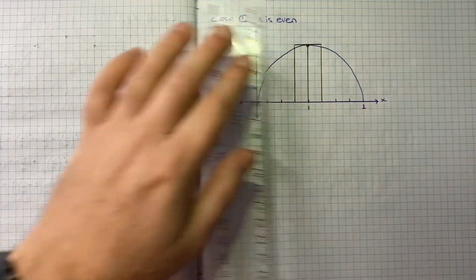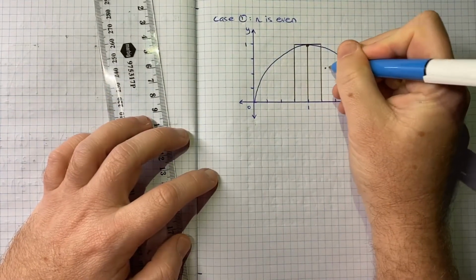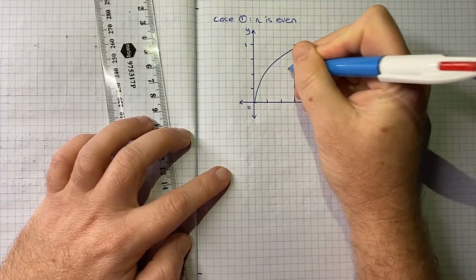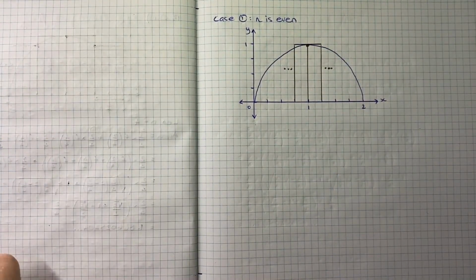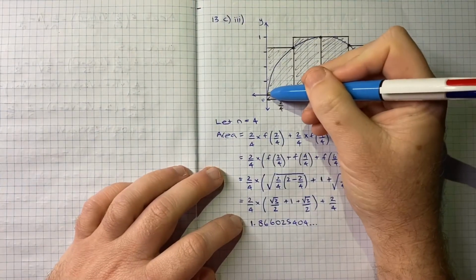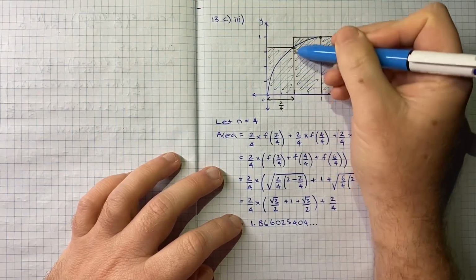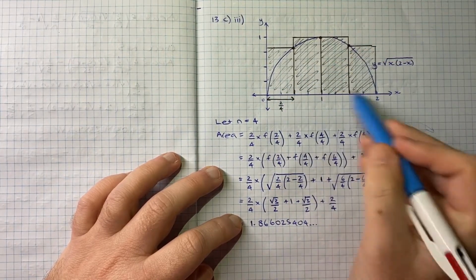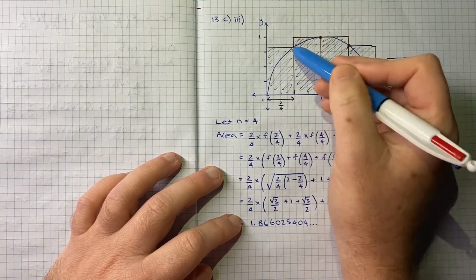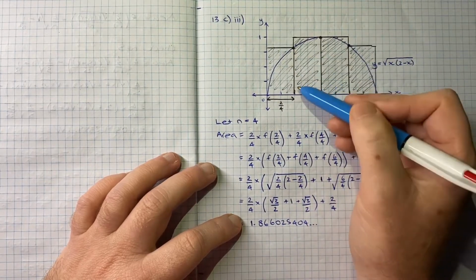And then in terms of thinking of this generally, we're going to just have the pattern continue on either side. And then, as was the case when n is equal to 4, we actually have a rectangle in this first and last region, because the rectangles are sitting outside or above the curve.